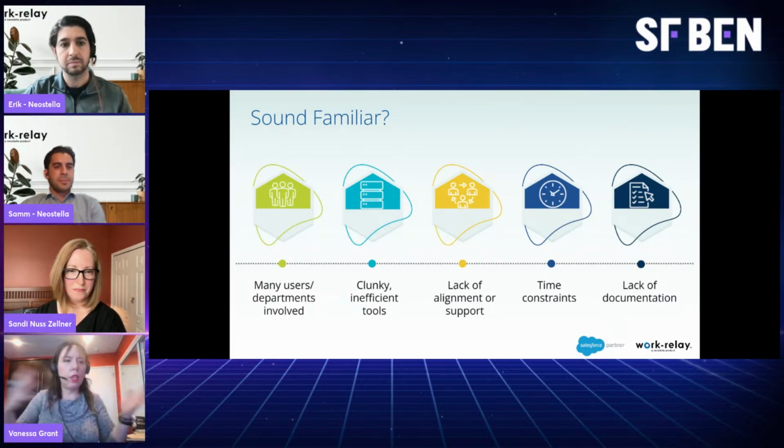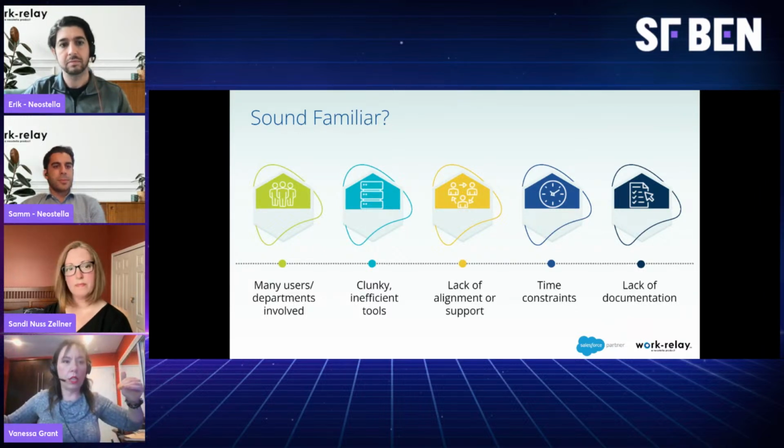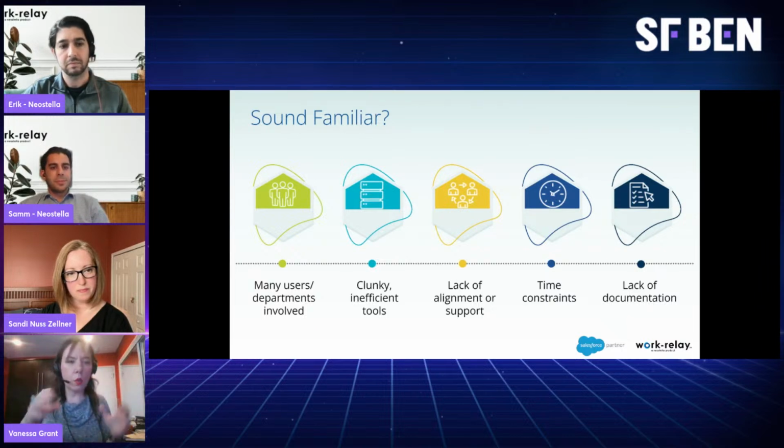Oftentimes business process maps are the start to user stories. So you make sure that we've captured everything in the process, that we don't have any gaps, that we have captured all those handoffs, that we're all aligned on what the process needs to be.